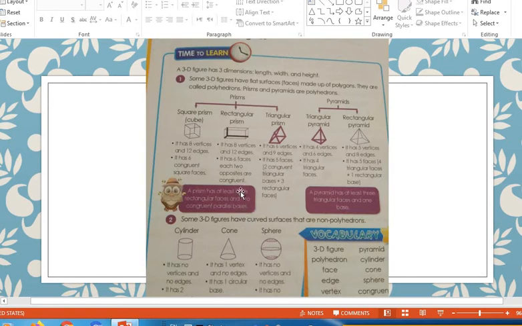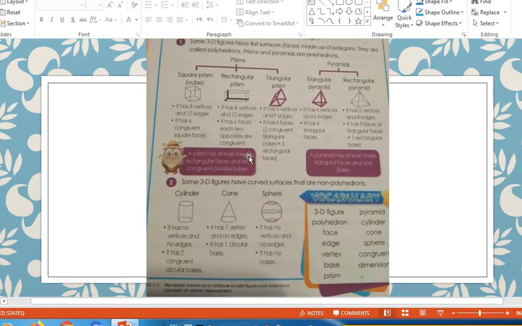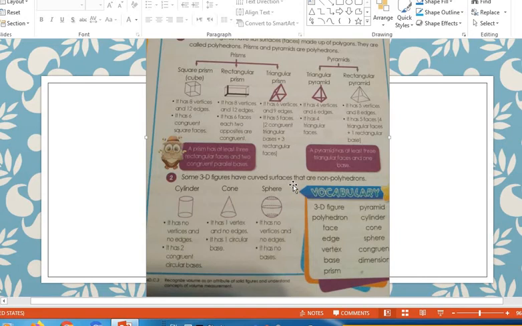Thank you, Suka. Some 3D figures have curved surfaces that are non-polyhedrons, like the cylinder. It has no vertices and no edges. It has 2 congruent circular bases. The cone has just 1 vertex and no edges.